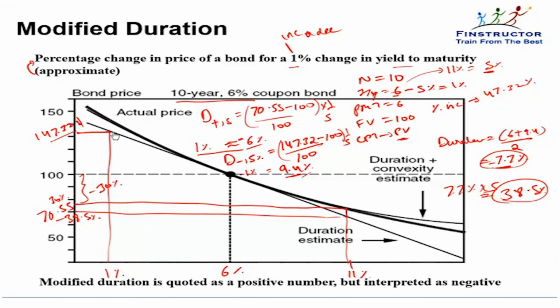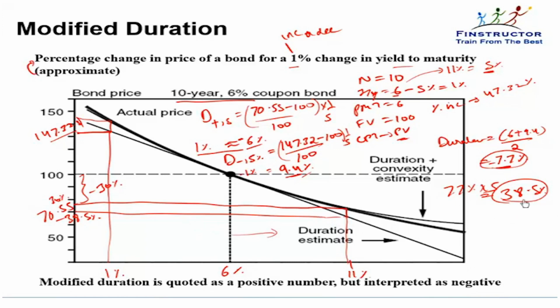Actually, we know the price will become 147.32, or the price will rise by 47.32%. So duration is an approximation. It is a conservative approximation. That is, when yields go up, the duration estimate says price will fall by 38%.